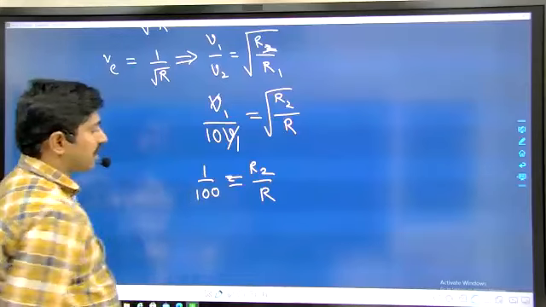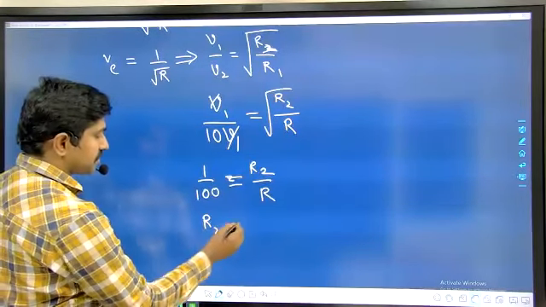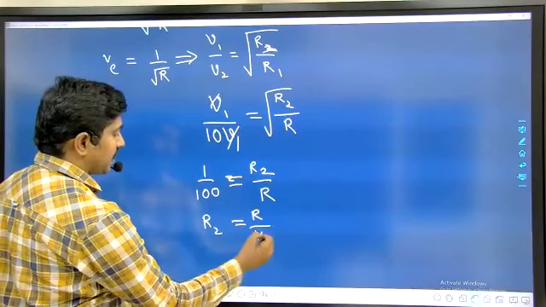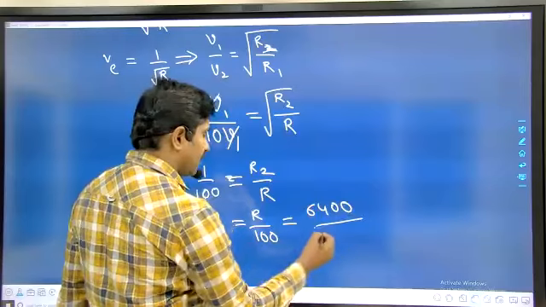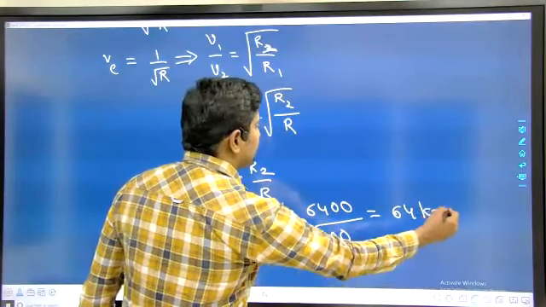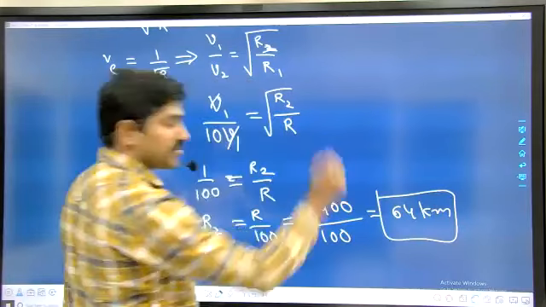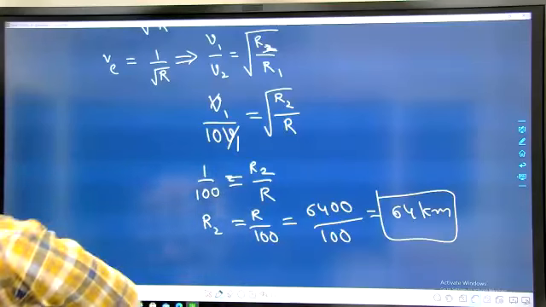Then r2 will be how much? r by 100. The radius of Earth is 6,400 kilometers only, so divided by 100, the answer is simply 64 kilometers. They are asking in terms of kilometers only, so that answer is 64 kilometers.